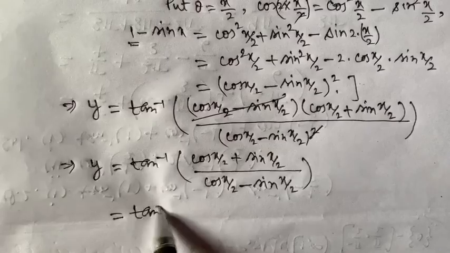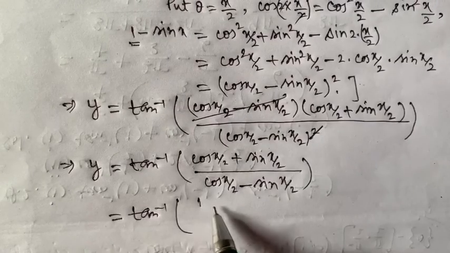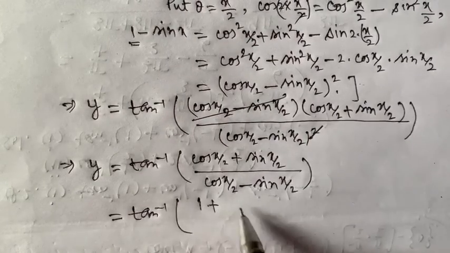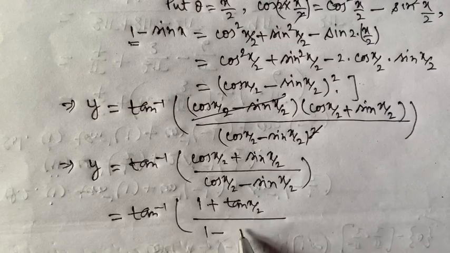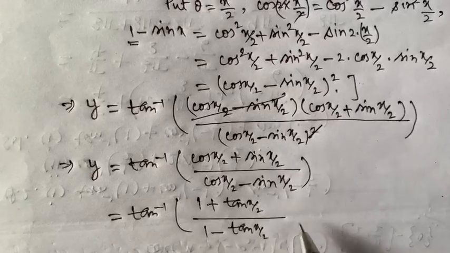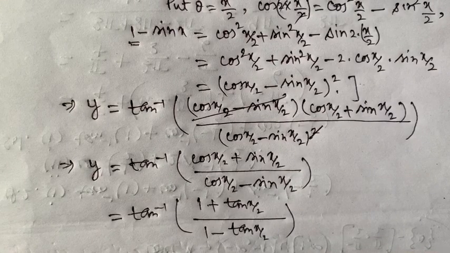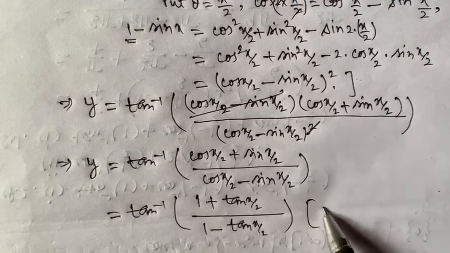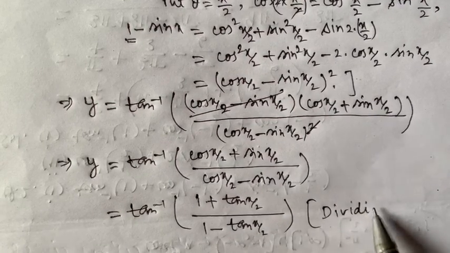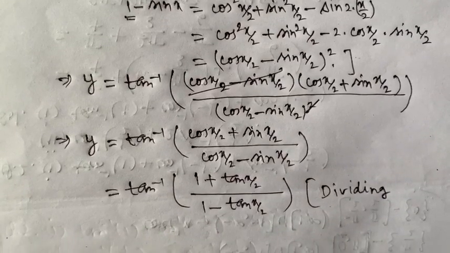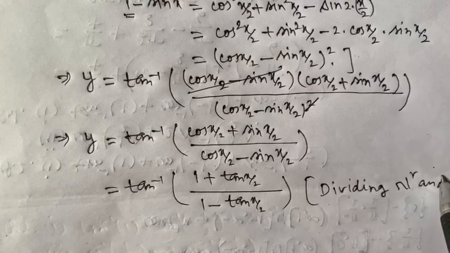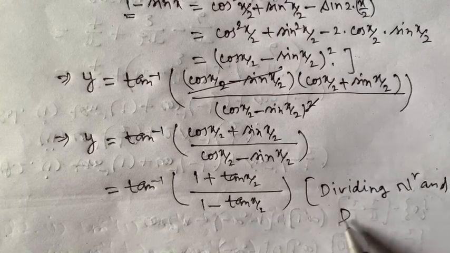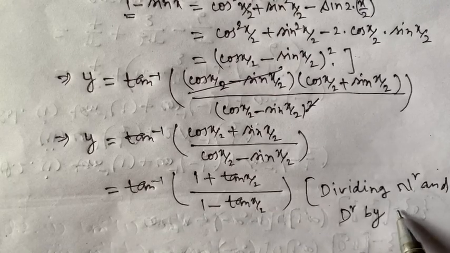We will divide by cos x by 2 to obtain 1 plus tan x by 2 upon 1 minus tan x by 2, as sin x by 2 upon cos x by 2 is tan x by 2. Here we need to write dividing numerator and denominator by cos x by 2.